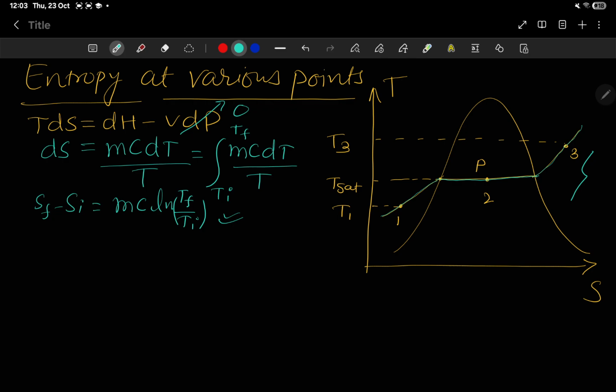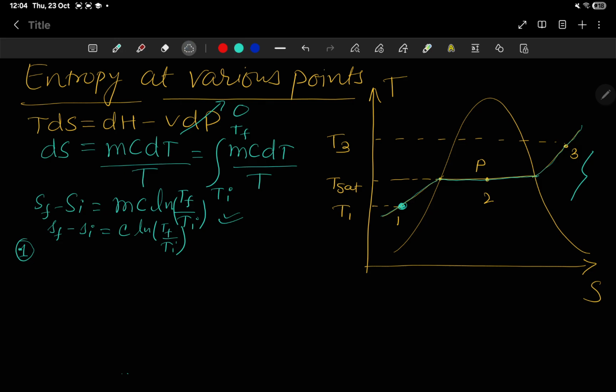Okay, now let's write the entropy for point 1. If I write it in terms of specific entropy, this will be Sf minus Si equals C times ln Tf upon Ti.